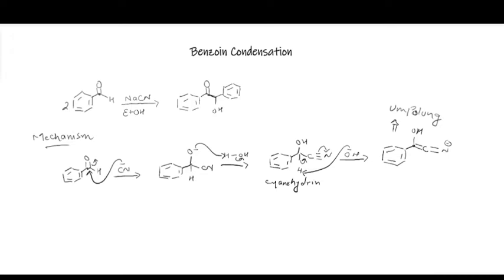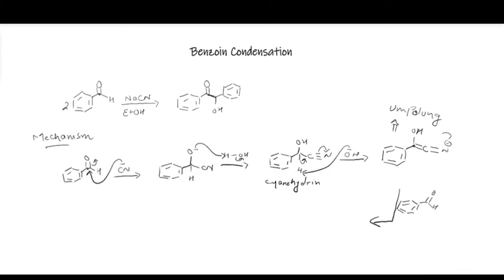So we have reversed the polarity of this carbonyl carbon, and now it is acting as a nucleophile, and you can now sense what is going to happen next: this nucleophile can easily attack the electrophilic carbonyl carbon of the second benzaldehyde molecule.